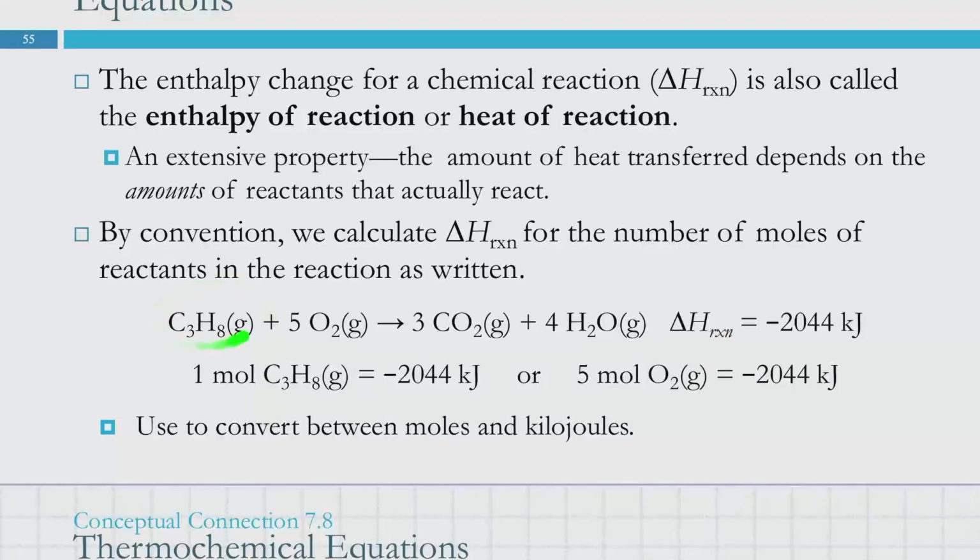Every mole of propane, C3H8, that we put in is going to give us 2,044 kilojoules of energy out. Likewise, if we cared about oxygen instead, we take 5 moles of oxygen, pair that up with the negative 2,044 kilojoules, and we can make conversion factors between moles of oxygen put in and the kilojoules, or energy, that we get out.